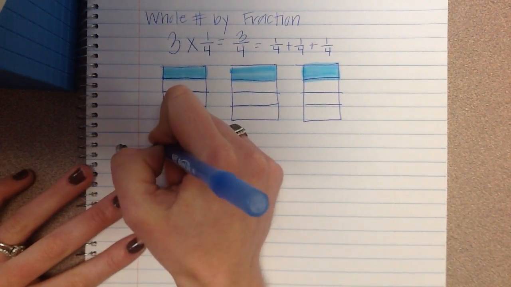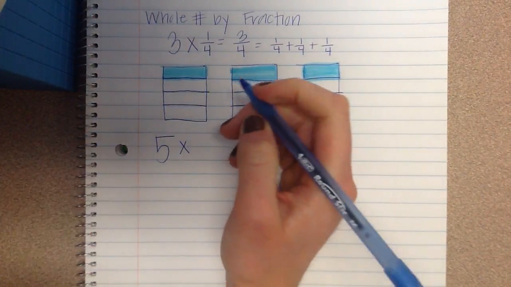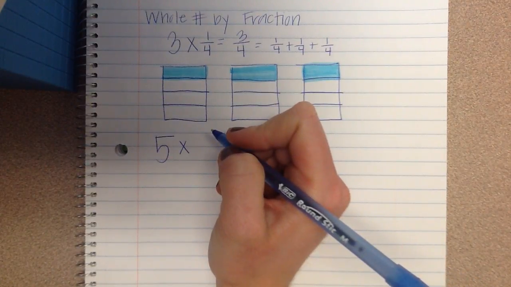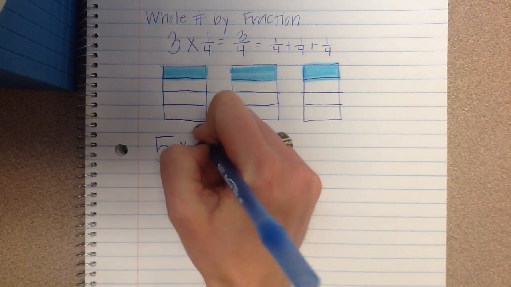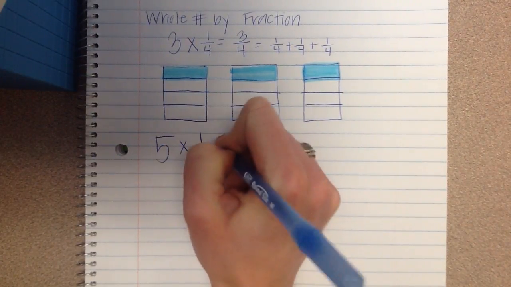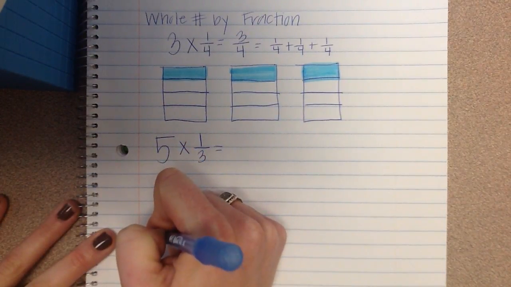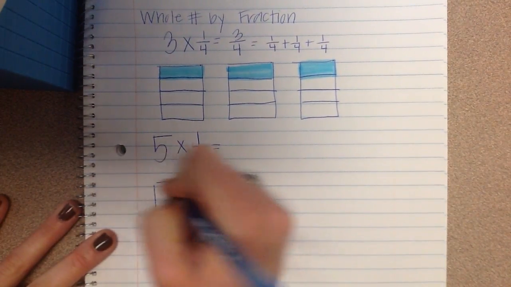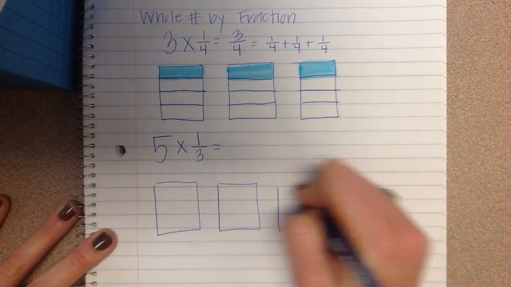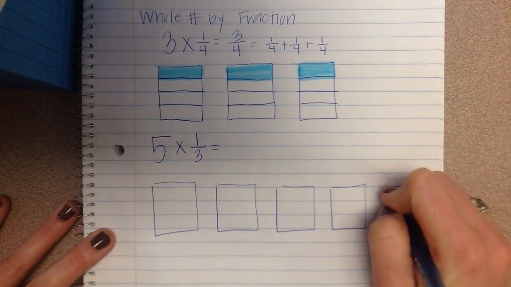Say we have 5 times 1/3. Okay, so I'm going to draw my whole number. 1, 2, 3, 4, 5.